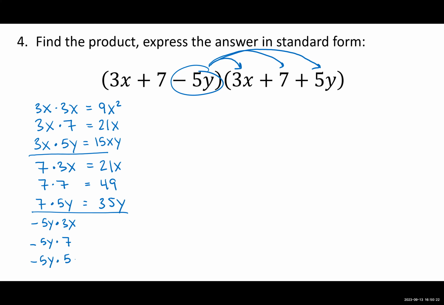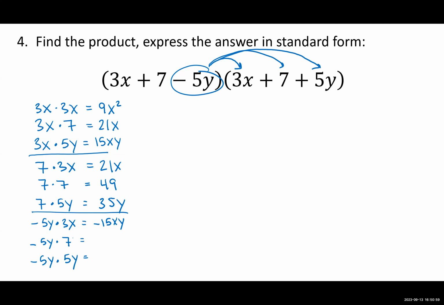So minus 5y times 3x, minus 5 times 3 is a minus 15. And x, and there's a y and there's an x. Generally, we put our variables in alphabetic order. So I'll say minus 15xy. Technically, you're not wrong if you say minus 15yx, but conventionally, we put our variables in alphabetic order.